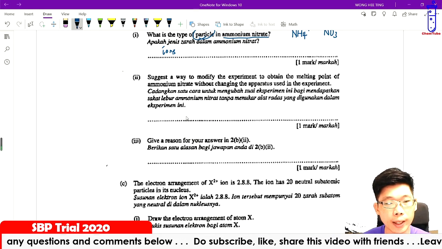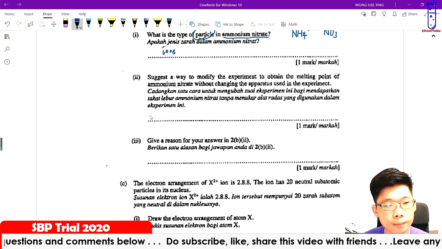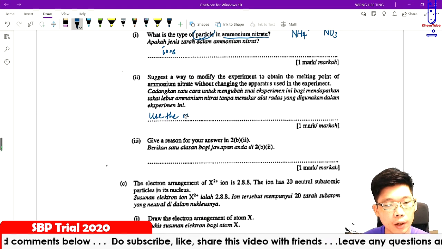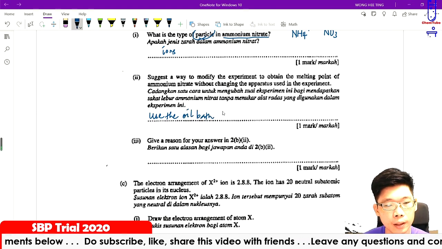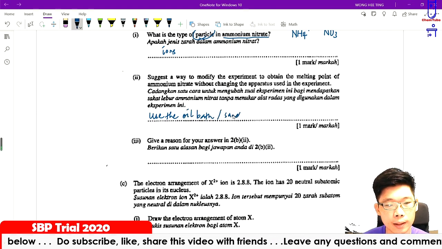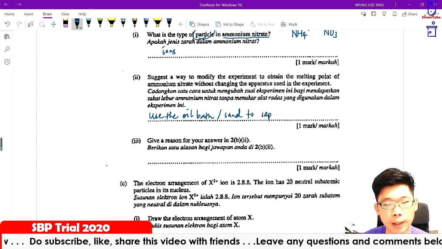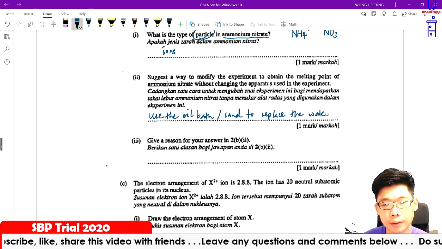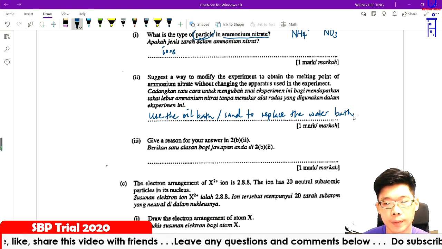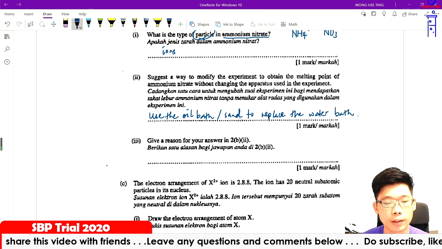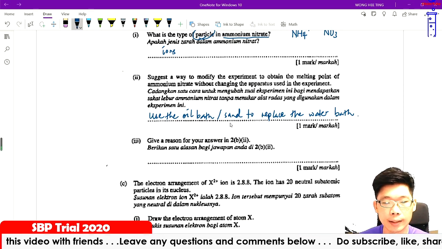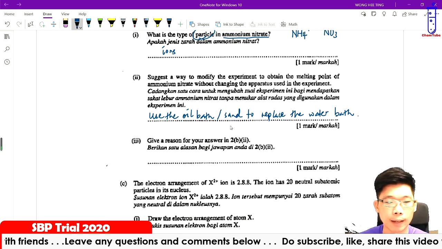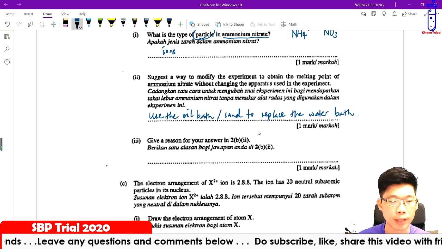So we can use the oil bath or sand to replace the water bath. Oil and sand will produce a higher temperature compared to the water. Then it can melt the ammonium nitrate.